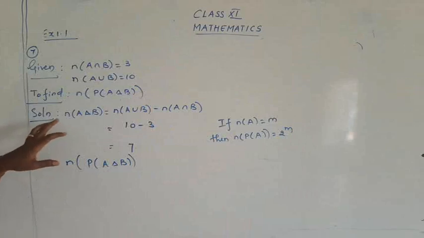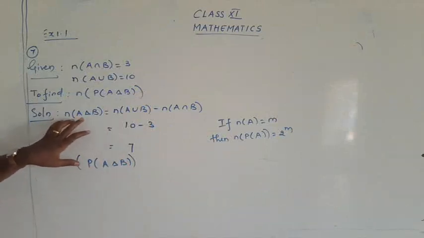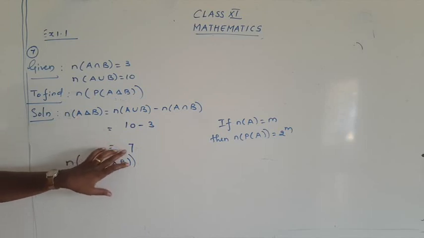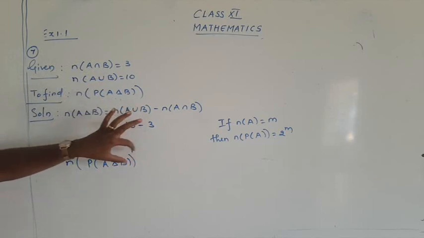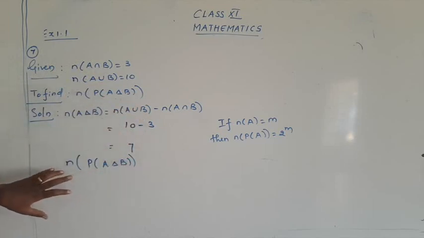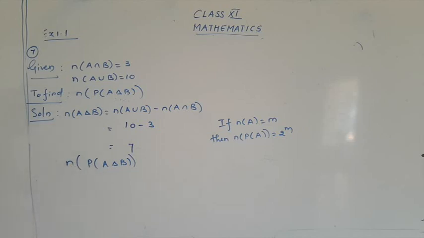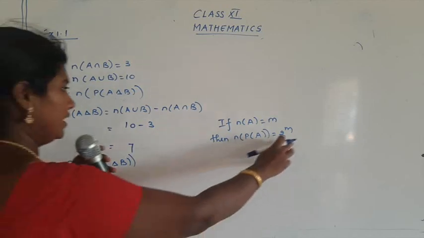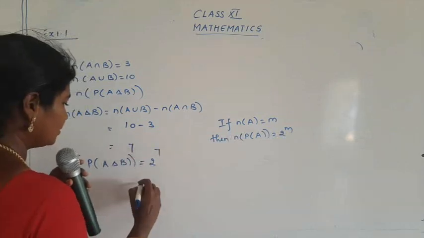So n(A Δ B) is equal to 7. Here the whole thing represents A, the 7 represents m. So n(P(A Δ B)) is equal to 2 raised to m. What is m over here? 7. So you get the answer 2 raised to 7.